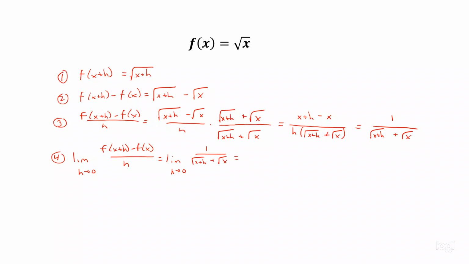As h goes to 0, square root of x plus h simply becomes the square root of x. We've got 2 of those, and so we end up with 1/2 square root of x in the denominator, or 1/2 x to the minus 1/2. So the derivative of our function, square root of x, is equal to 1/2, I'll write it this way, x to the minus 1/2.